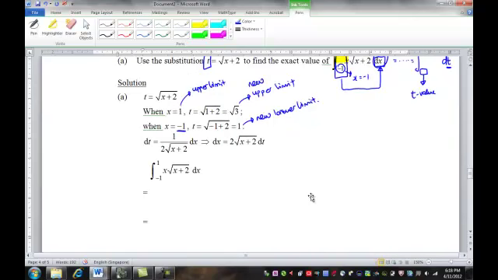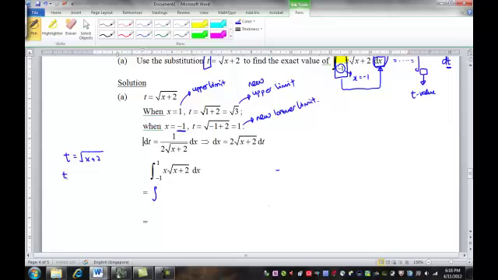Alright, so now I am ready to do the substitution, really similar to what you've done in the previous chapter. Now let us ignore the limits first. Do the substitution. We don't know what is x in this case, but we know that the substitution is t equals to square root x plus 2.